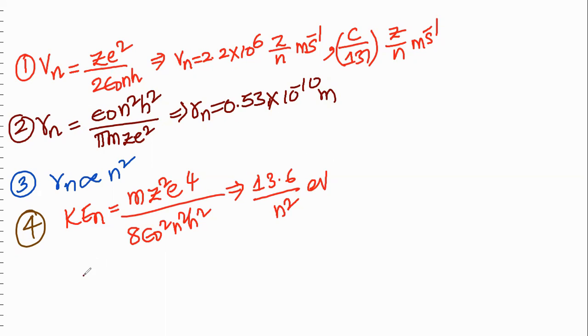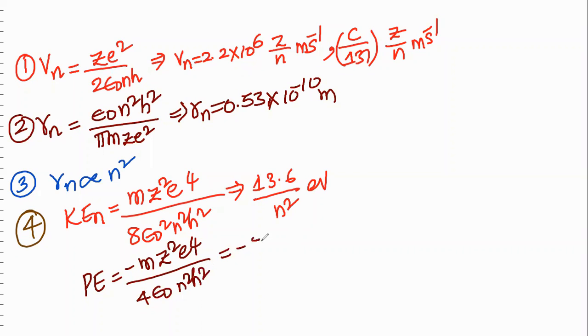Potential energy PE is equal to minus m Z square e power 4 divided by 4 epsilon naught square n square h square, which is minus 27.2 divided by n square electron volts.